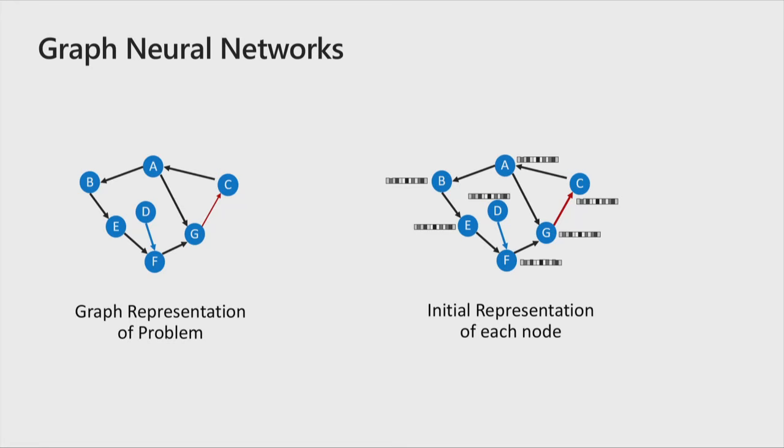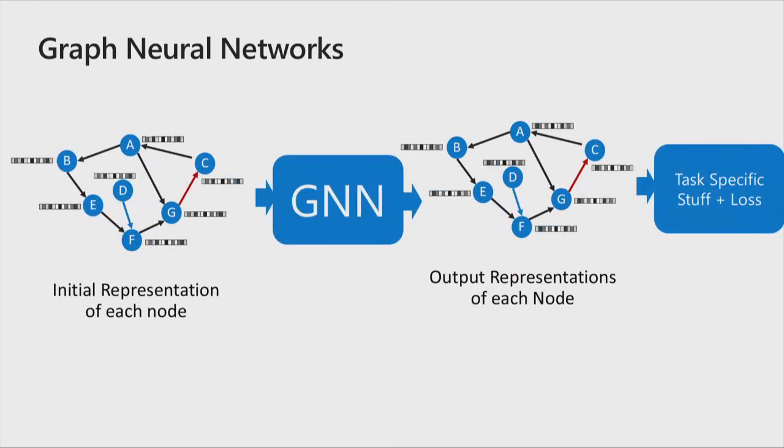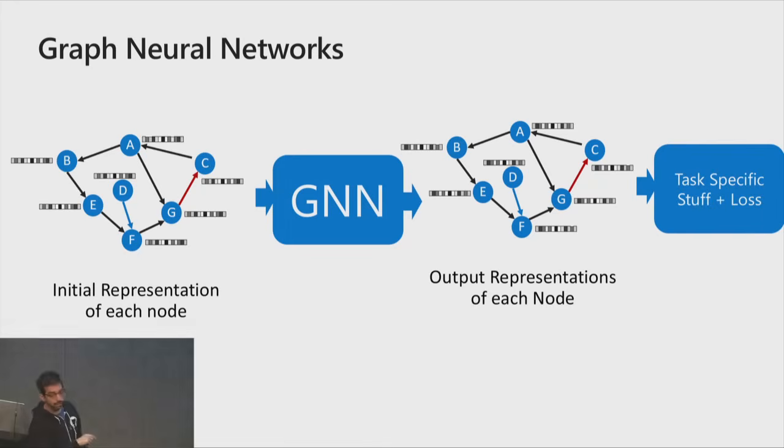Now the question is, what do we want to do? Well, the idea is we start from here. This graph representation will describe for most of the rest of this hour the graph neural networks. The output here is going to be, again, the same graph, but for each node you have a vector representation.